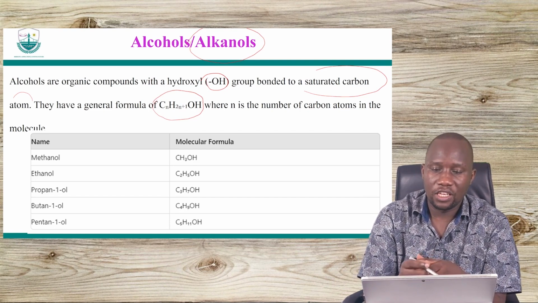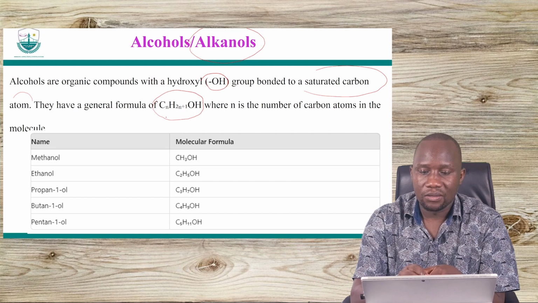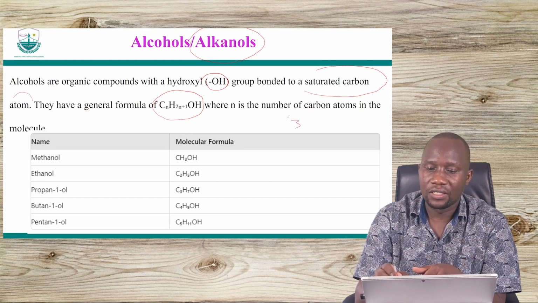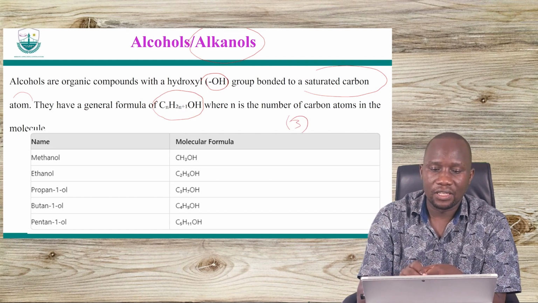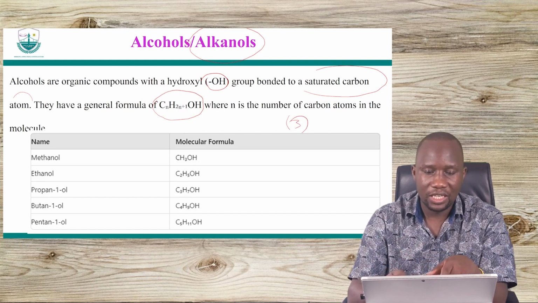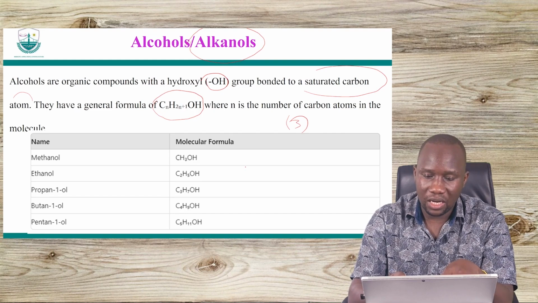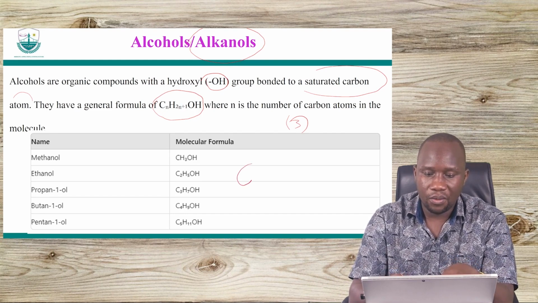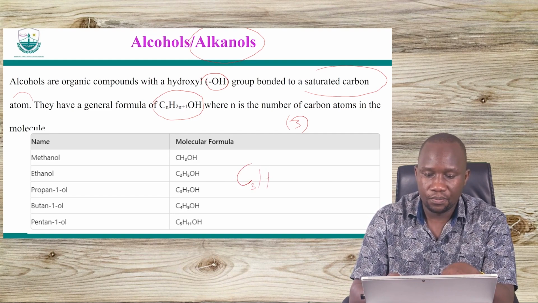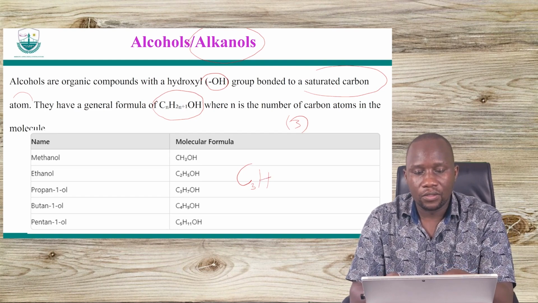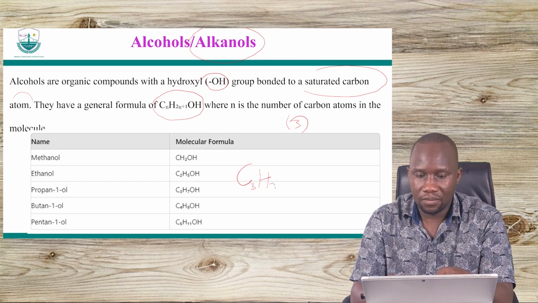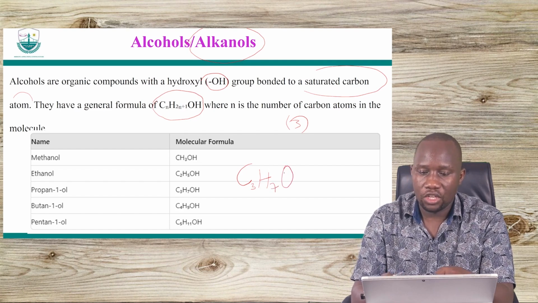This is to say that if n is 3, then using this general formula we shall have C3, and then H with 2 times n plus 1. Since n is 3, that will be 6 plus 1, that will be 7, and then the OH there.